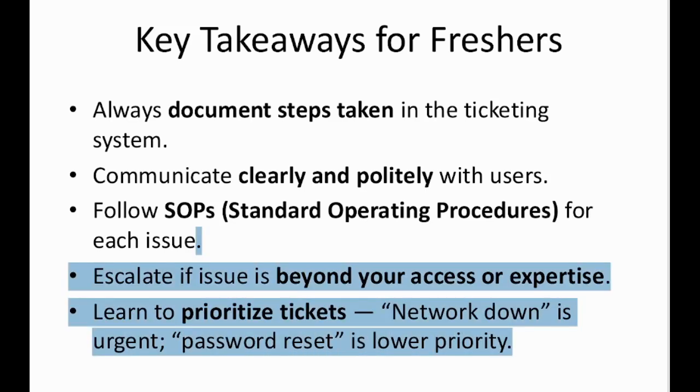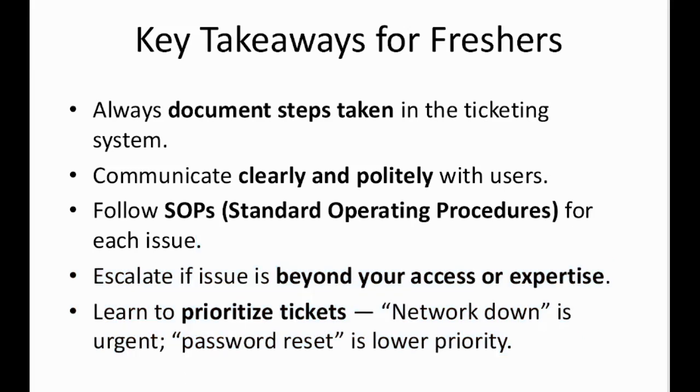Fifth step is to learn to prioritize tickets, like network down is urgent, password reset is lower priority. Yes, this is also something you have to learn. Suppose you got a ticket for network down, and another ticket for a password reset. You have to first prioritize the ticket which is more urgent, the one that creates a very big issue and can impact the organization, as many users can face issues if the network is down.